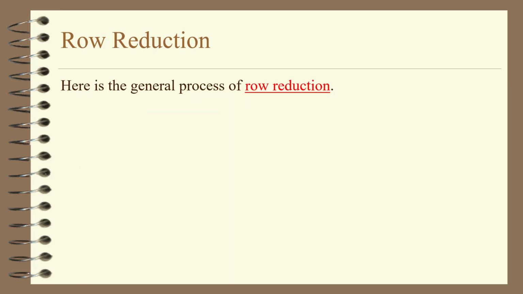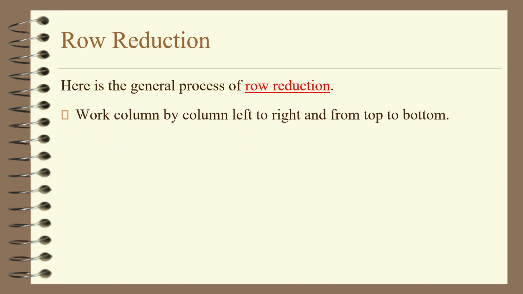So now let's detail the actual process of row reduction. Remember, row reduction is the process that we use to take a matrix and, through row operations, reduce it to a matrix that's in row echelon form. In general, we work left to right, column by column, and we work top down on that column. We work step by step on the rows that are currently not in the right form.